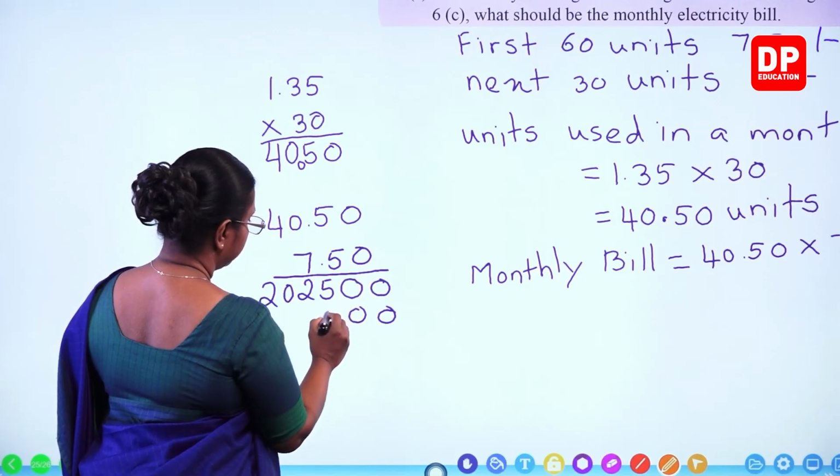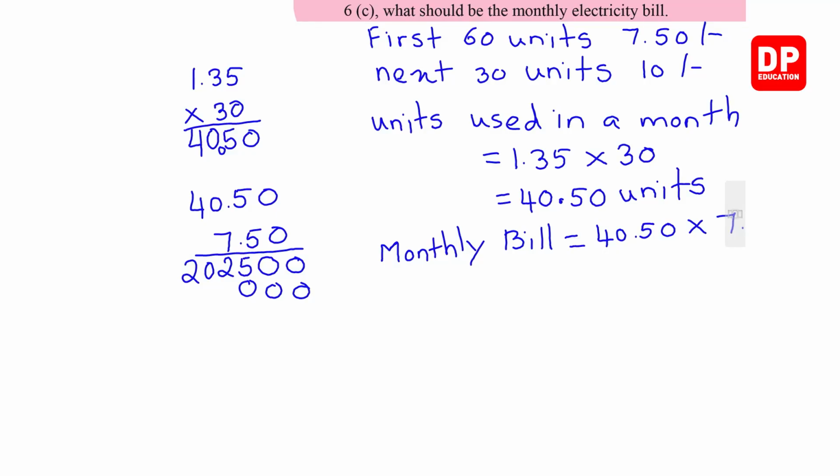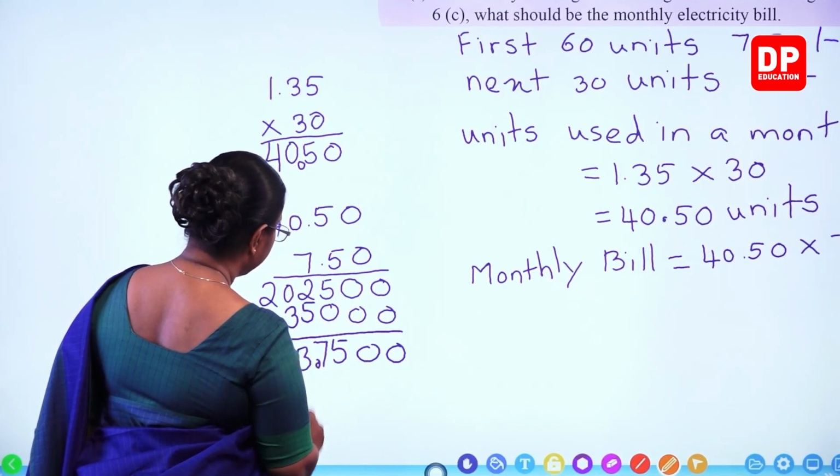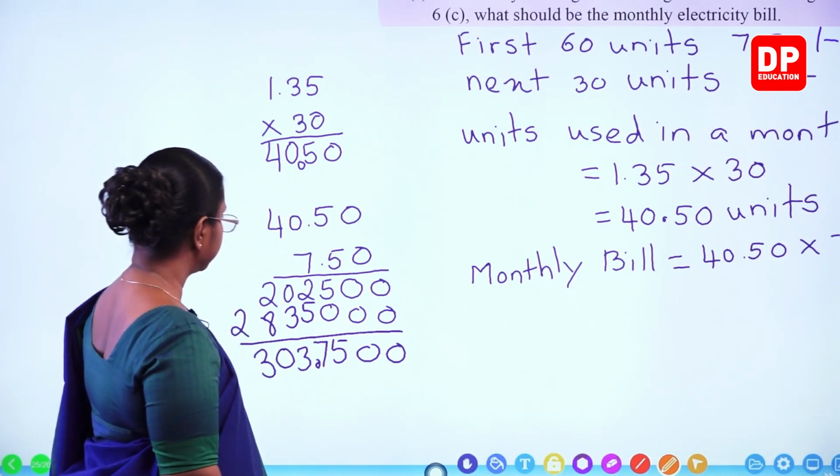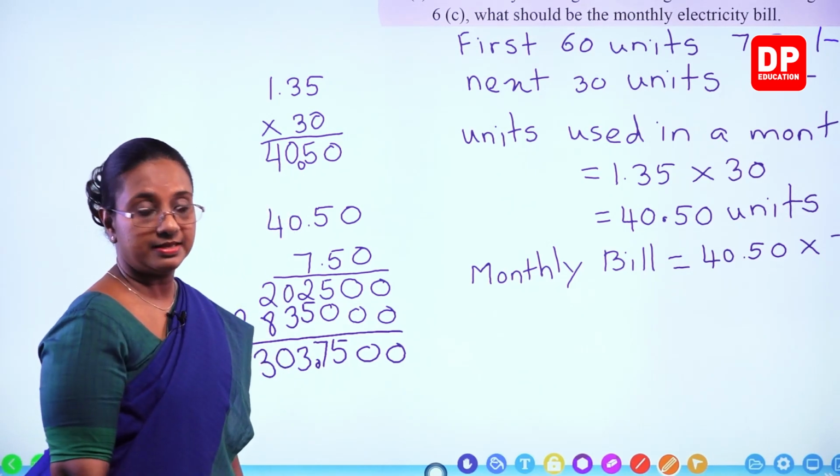And then I have 0, 35, 3 and 28. So here we will have a value of 3, right. So if we consider the zeros, this is going to be 303 rupees and 75 cents.